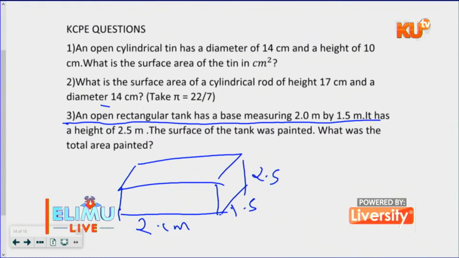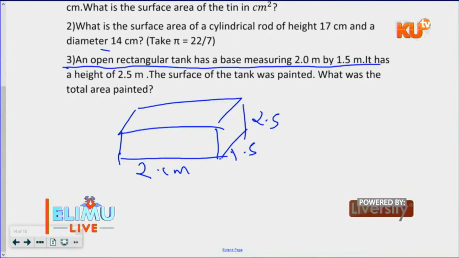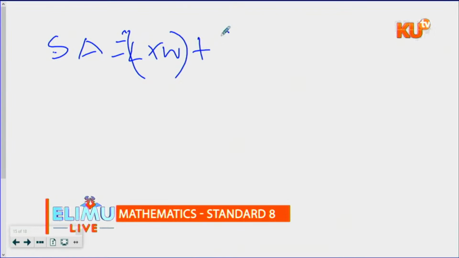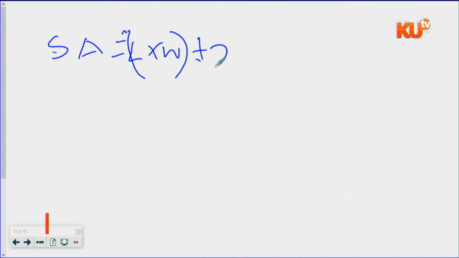Okay, what is the formula? We come to our formula and we say the formula for the surface area of an open cuboid is equal to length times width. Remember, it is open. Length times width, plus 2 into length times height.